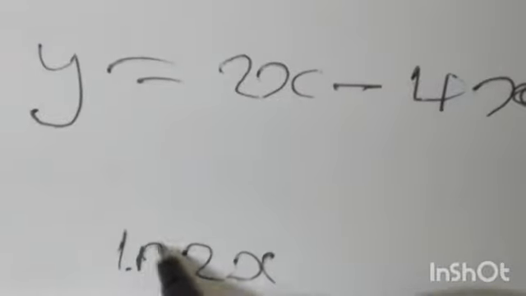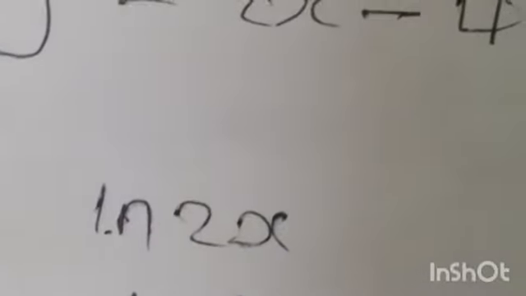Then when you have been given natural logarithm, before we go to exponentials, maybe we have been given ln 2x. How do you deal with ln 2x? For ln 2x, y prime will just be 2 over x.